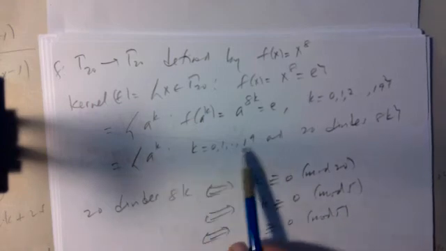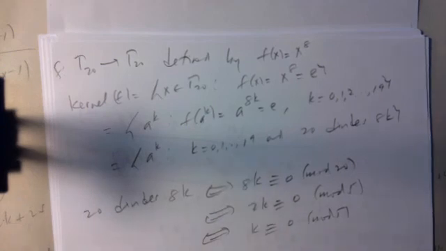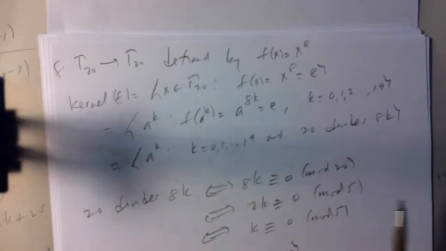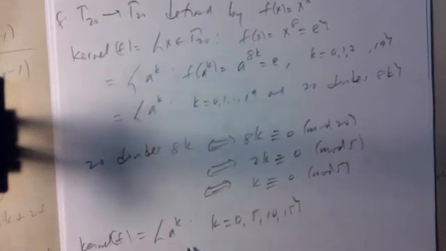So which of the numbers from 0 to 19 are divisible by 5? So the kernel of f is equal to a to the k, where k is equal to 0, 5, 10, or 15, just the multiples of 5. Because each of these numbers raised to the 8th power gives you the identity.